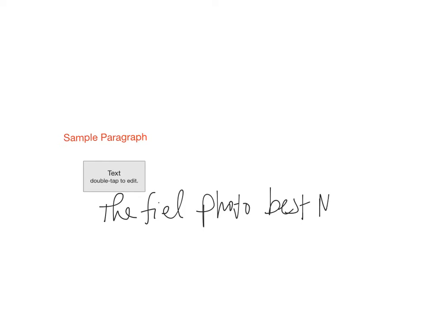All right, so we're going to start by going through and saying, okay, the field photograph best matches location C. This is our topic sentence.